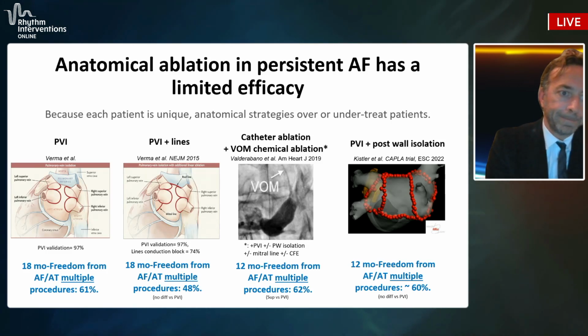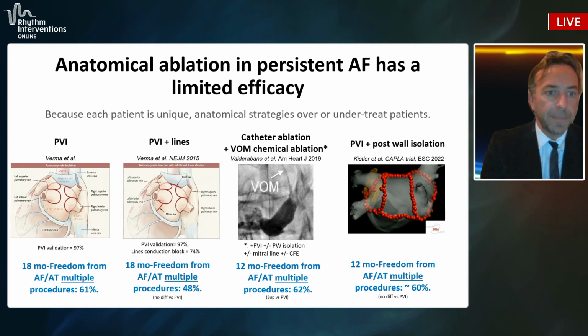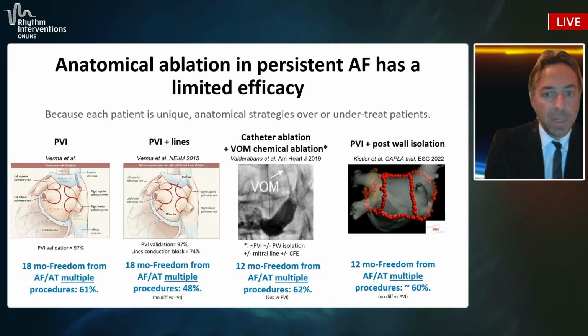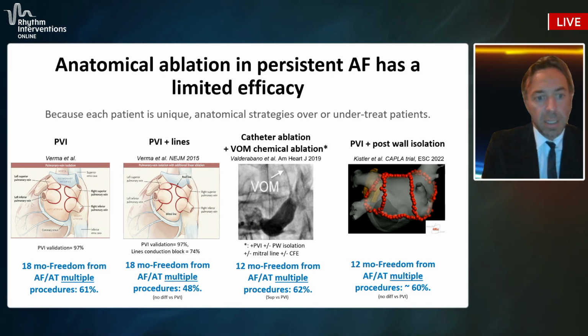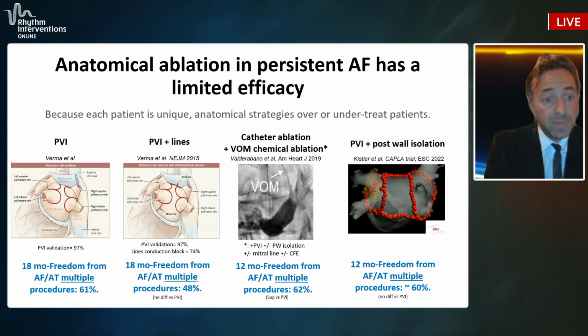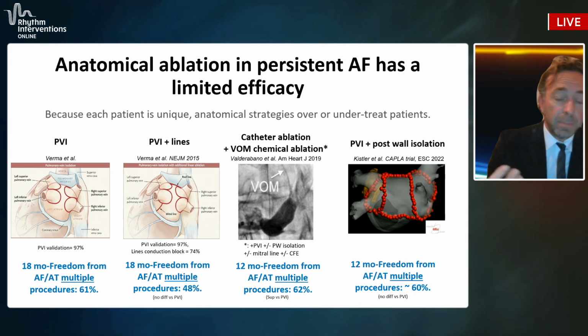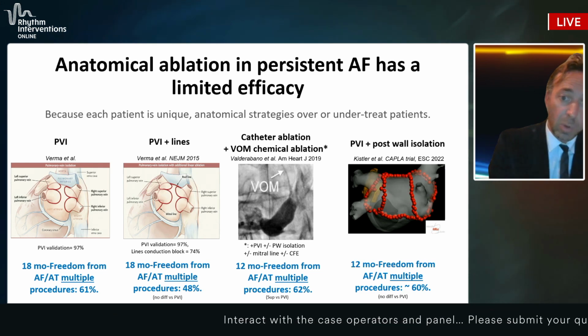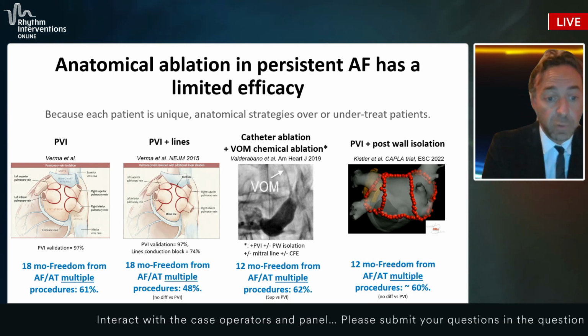Because each patient is unique, anatomical strategies after PVI over- or under-treat patients by definition. As you can see on these slides, in different randomized clinical trials, PVI plus lines, PVI plus chemical ablation in the vein of Marshall, and PVI plus posterior wall isolation can be effective, of course.